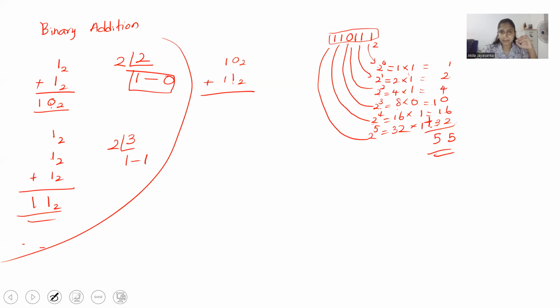What is the answer? Very good. 1 plus 1 is 2. 2 we can divide by 2, and then we get the answer 1 0. Here we can place this value. This is the binary addition.